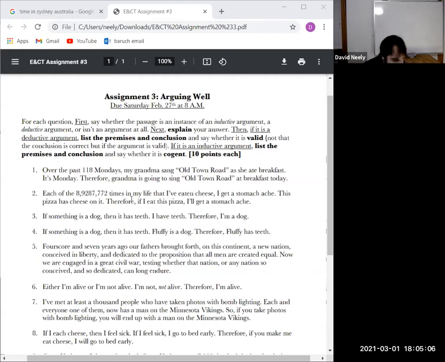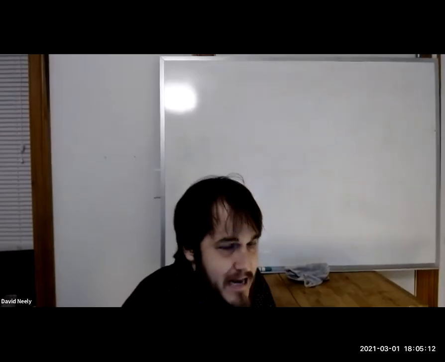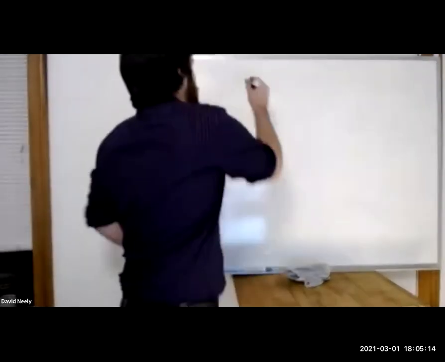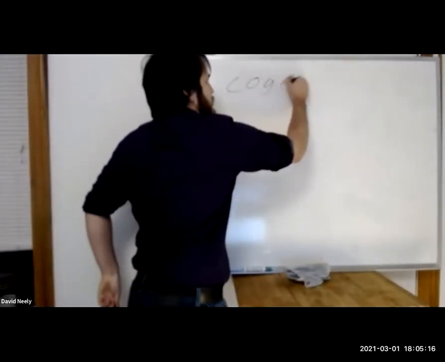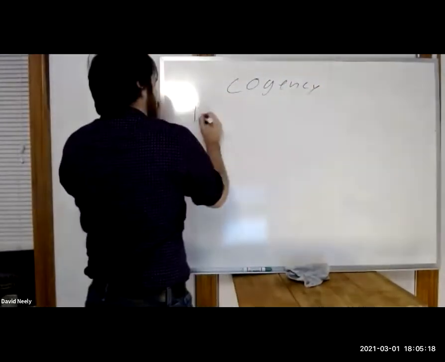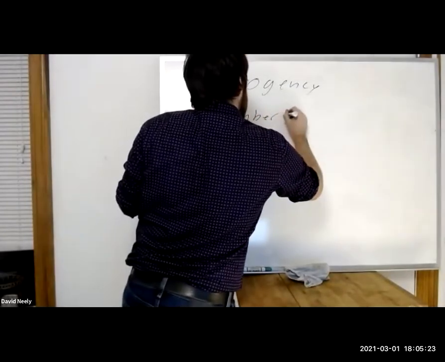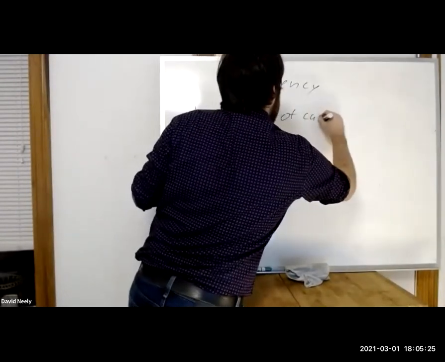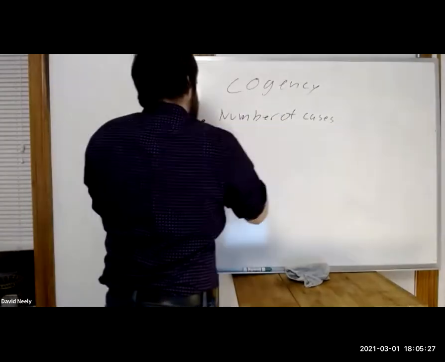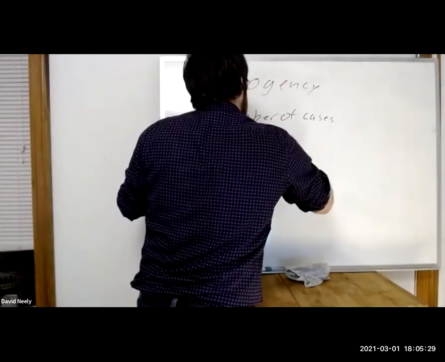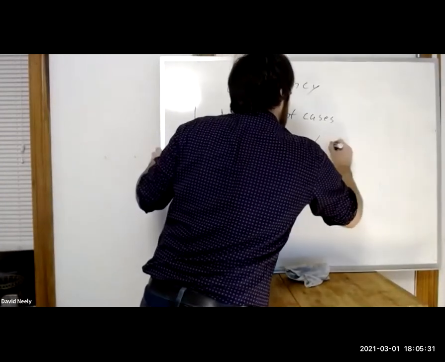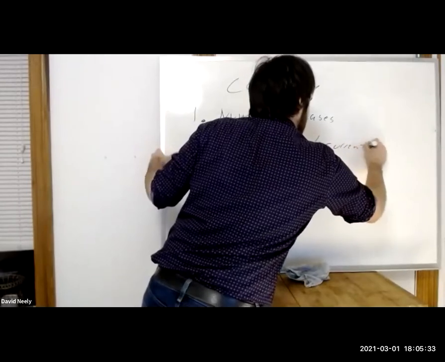Because cogency is kind of a wishy-washy concept. Actually, let me pull out of the sharing for a second. In an inductive argument, cogency comes down to two things: one, number of cases, and two, similarity with current case.